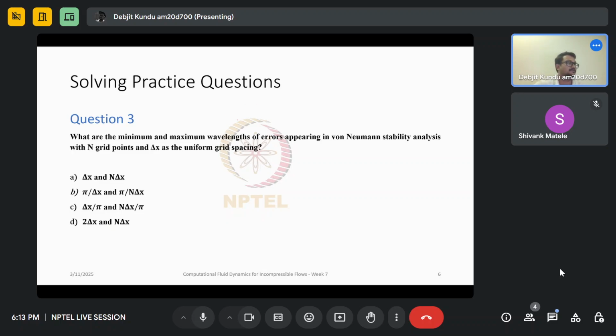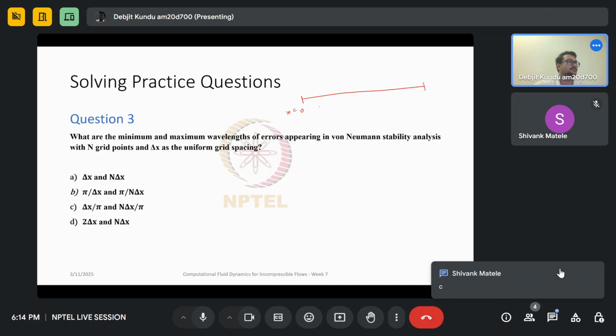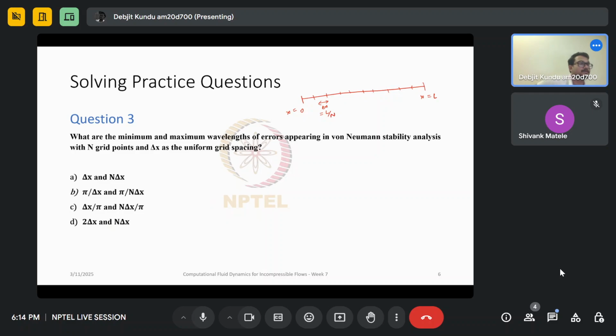So basically, if our whole domain goes from x equal to 0 to L, and we break this down into n divisions such that delta x is equal to L by n, then what is the minimum and maximum wavelength of error that can appear in this?